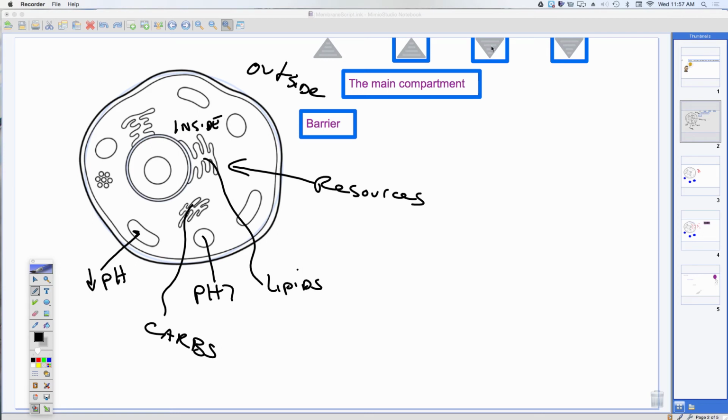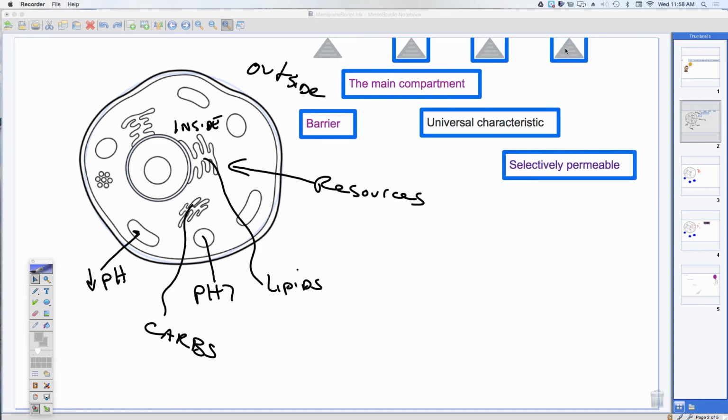The membrane is also a universal characteristic of life. All living things have a cell or plasma membrane, and so we can consider this a universal characteristic of life. And then finally, it is a selectively permeable structure.